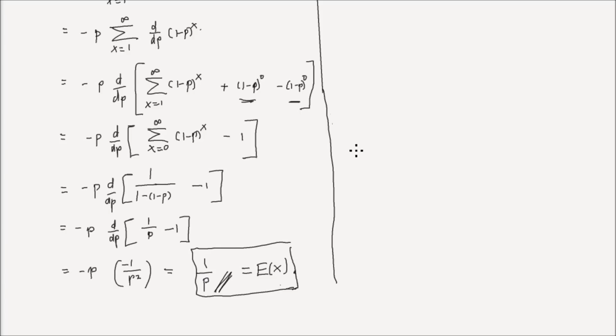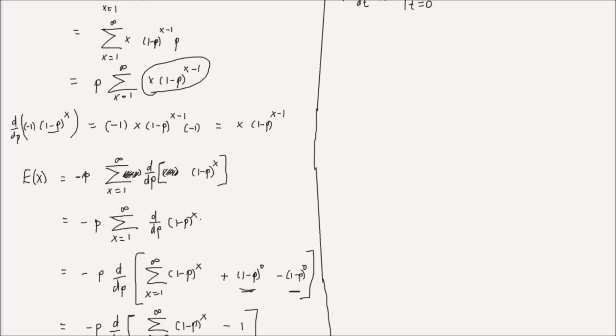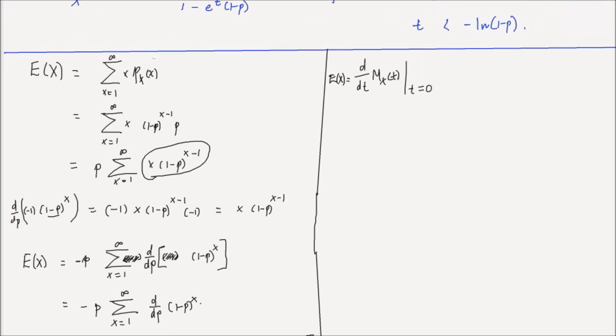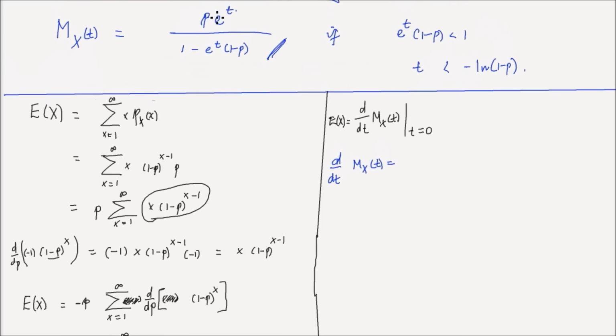You could also find the expectation by using the MGF technique. To do that, first I need to find the derivative with respect to t of the MGF. We have the MGF, which is right here, p times e to the t divided by 1 minus e to the t times 1 minus p. So we need to take the derivative with respect to t of p times e to the t divided by 1 minus e to the t times 1 minus p.